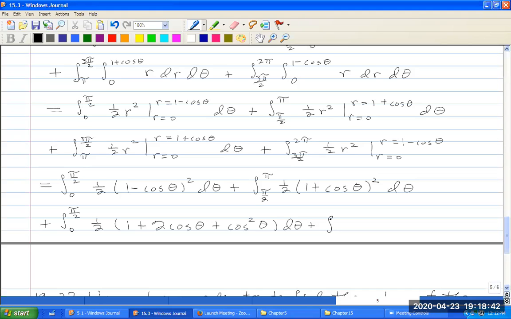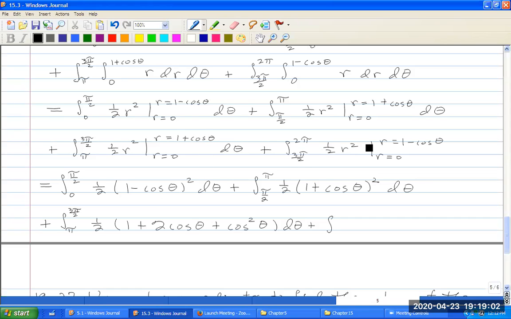Oh, why did I say 0 to pi over 2? I'm looking at the wrong thing. It's pi to 3 pi over 2. That was definitely an error. Okay, looked at the wrong line. And that's 1 plus cosine.